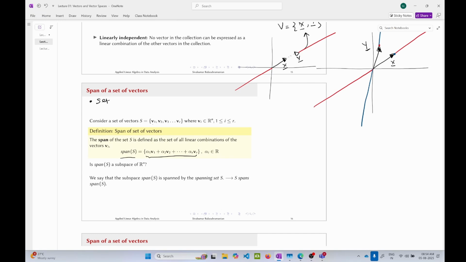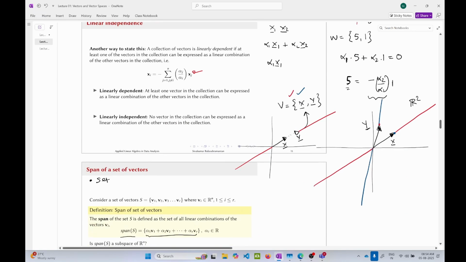We already discussed this idea of span when we talked about linear independence. Here, if you had a set S that only had X, then I could ask, what is the span of X? What would you tell me? Well, the definition of span is linear combinations of elements of that set. X is the only element. The linear combinations of a single element are simply the different scaled versions of the same element, and that is essentially this red line that we produced.